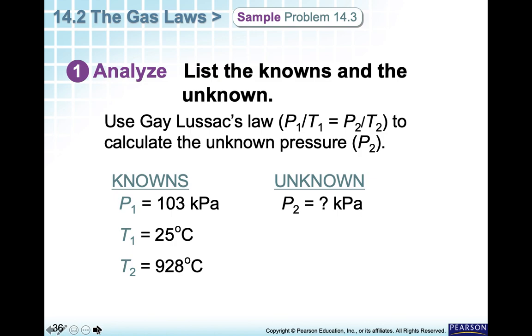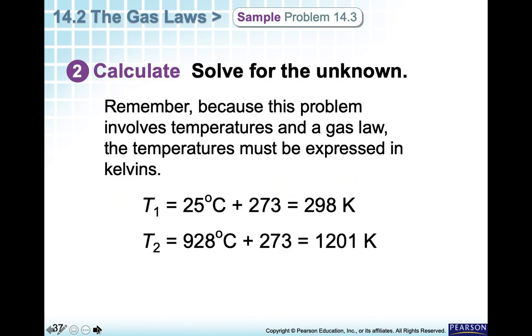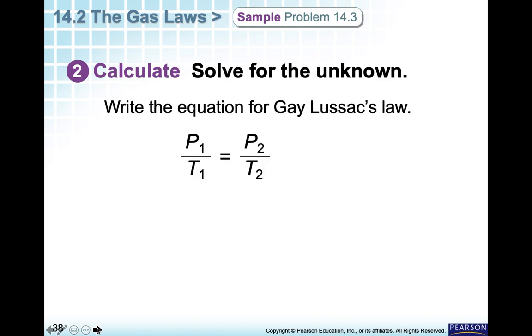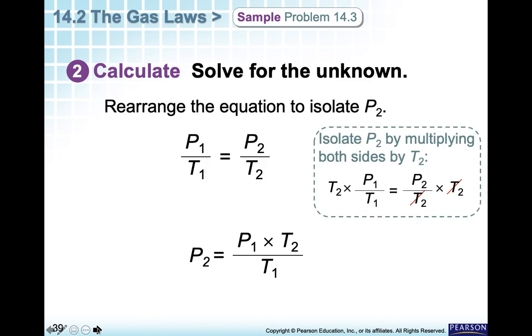So we've got P1, T1, and T2, so we're solving for P2. And in our rearranged equation, we add the 273, and we get P1 over T1 equals P2 over T2, and we are solving for P2. So P2 equals P1 times T2 divided by T1.